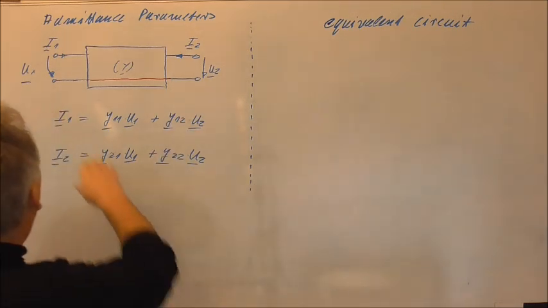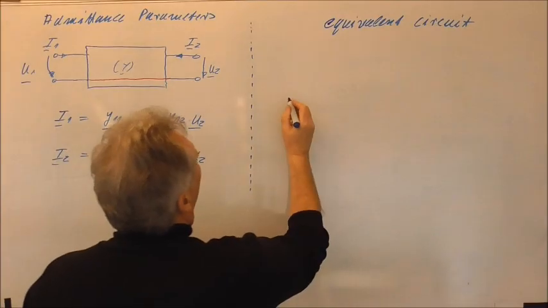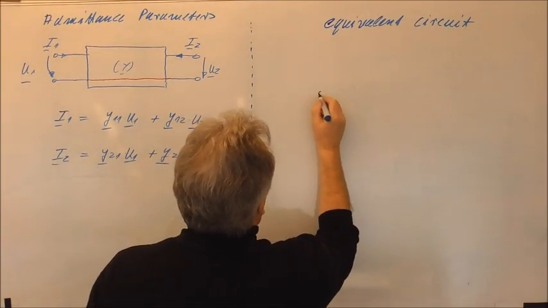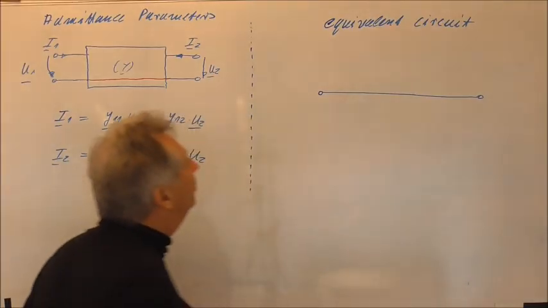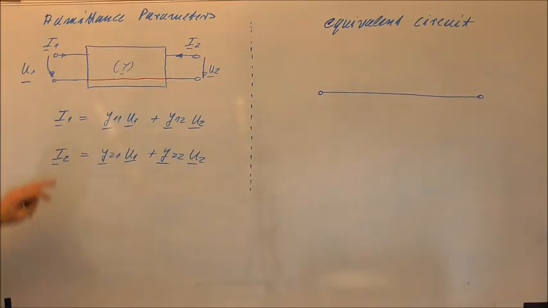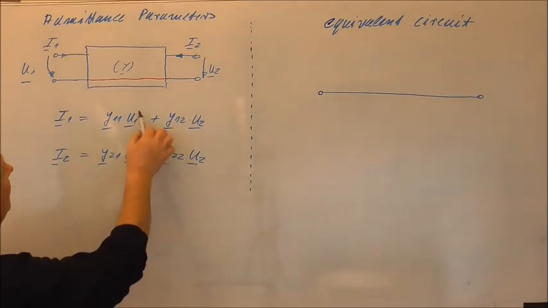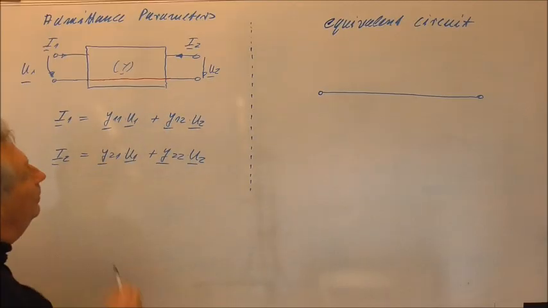So you see here we have a connection between the output and the input, and as soon as you have a current equation describing the current, then you always can say this is a node equation.